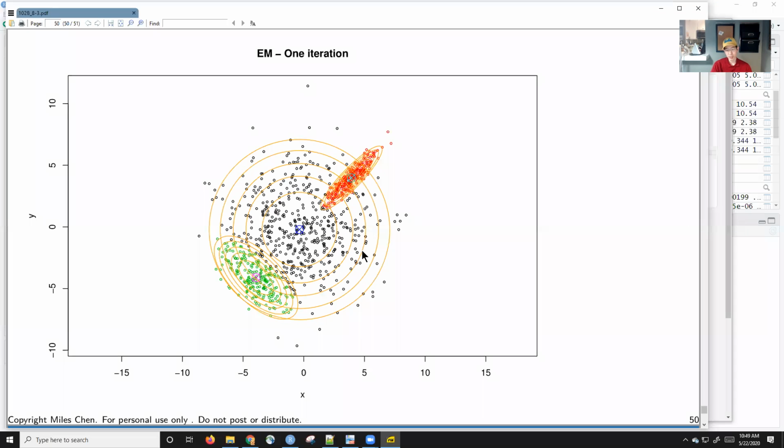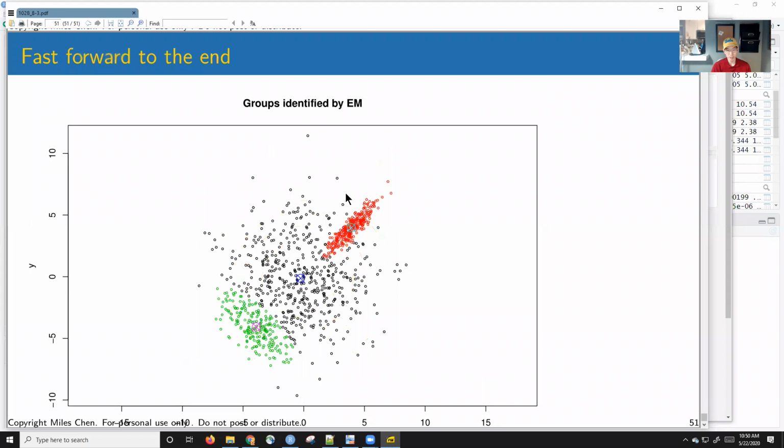Okay. If I started off with some really bad starting weights, it's possible that it doesn't find the correct clusters as well. Okay, so the EM algorithm is not error-proof, and again, everything is a probabilistic assignment, and I can just let this continue running, and these are going to be the final groups identified by EM, and that ends up being fairly similar to the true groups that we had.